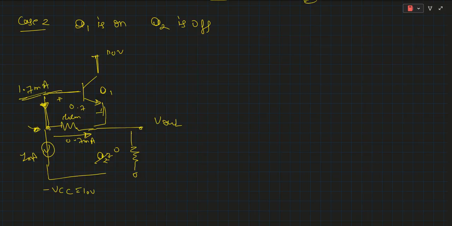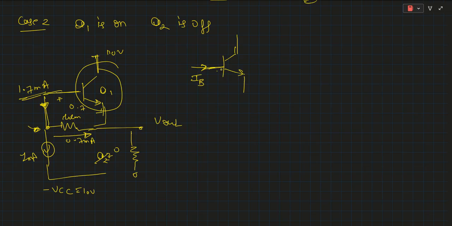If we apply KCL here, as we can see this is an NPN transistor, and the NPN transistor has a condition: the base current always flows into the base of the transistor, not out of the transistor.